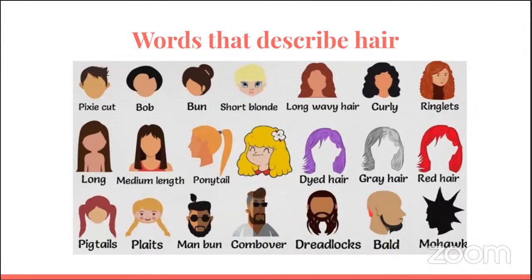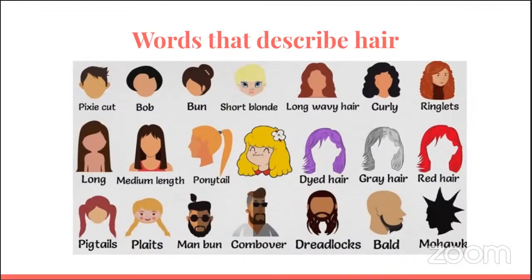Bald whenever you don't have hair, and the mohawk whenever this is kind of like rock style. And the mohawk, this word actually comes from a Native American culture, the Mohawks, whose hair looks like this.